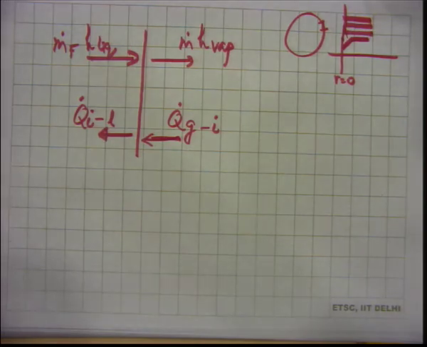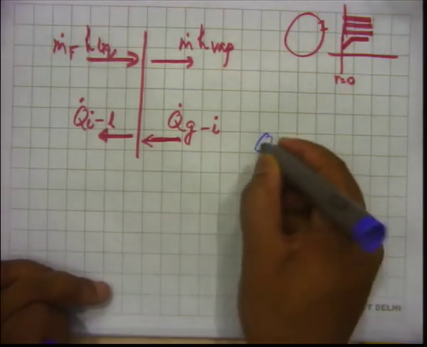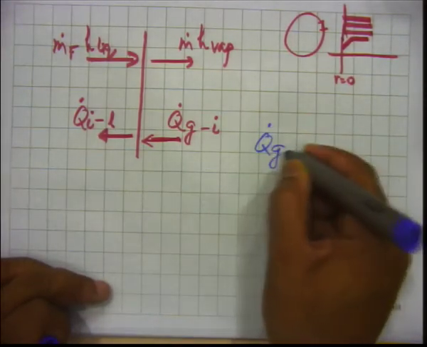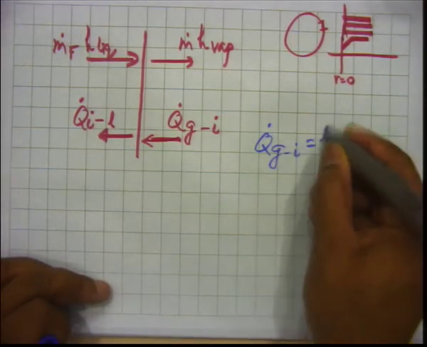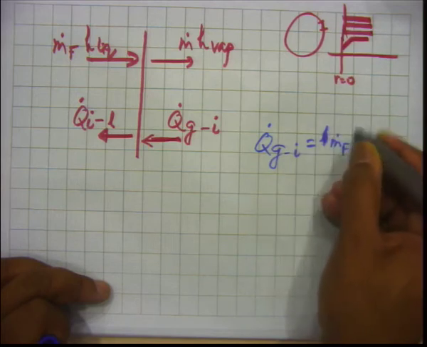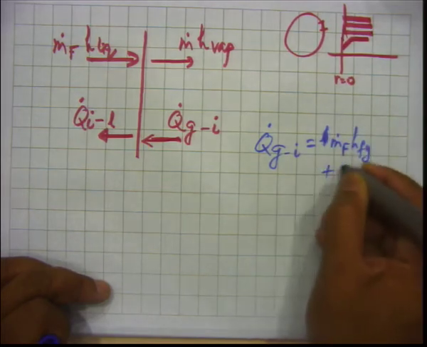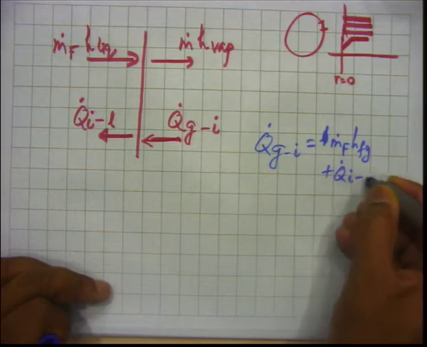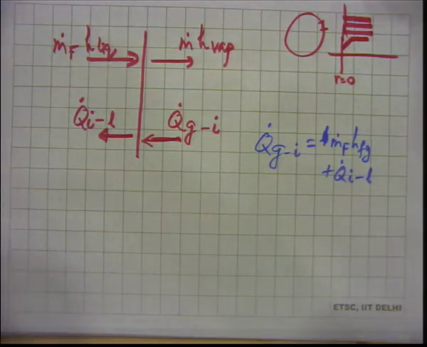Now we can understand that it should be possible for us to write this in general. If q dot I to L is 0, then q dot G to I is the same as m dot f h f g.